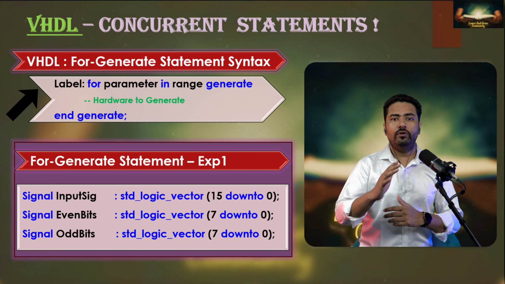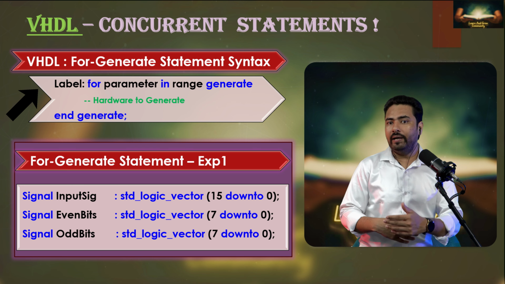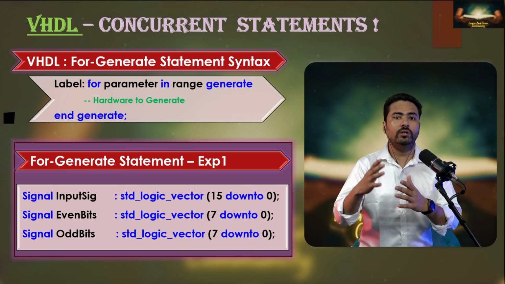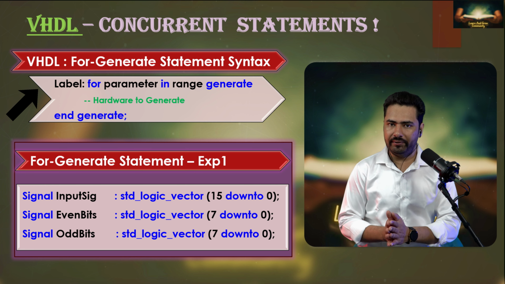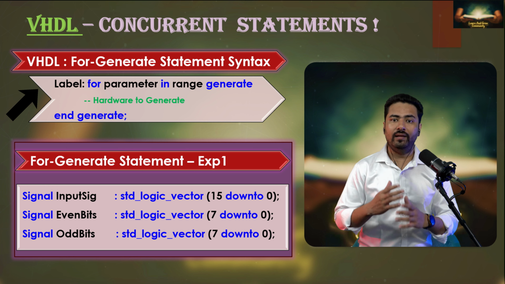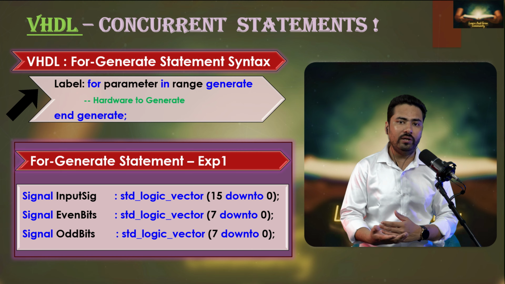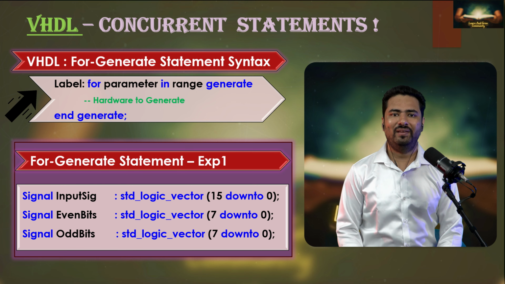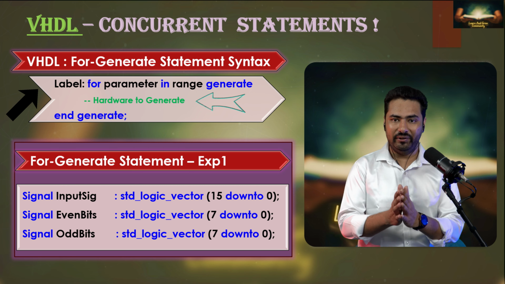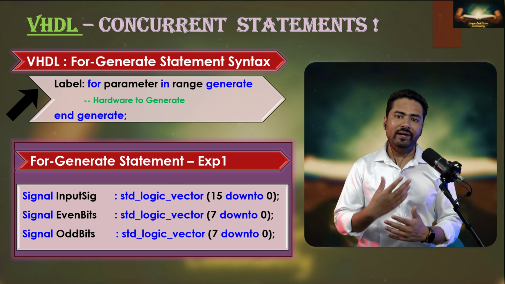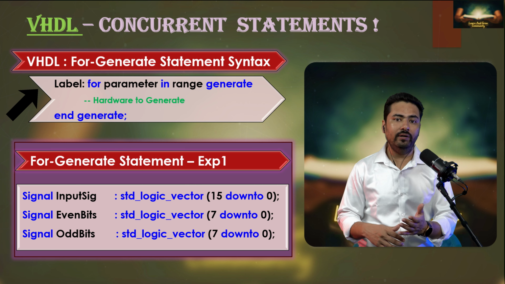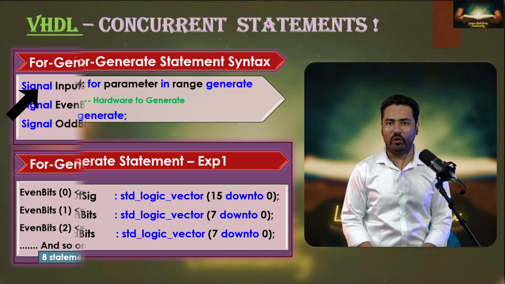Like if you give 0 to 3, then it will create 4 instances. Next, write the keyword generate. Next, you need to define the hardware which you need to generate multiple times. Then you can write your design here or you will call the components here. And in the last, this generate statement ends with the keywords end generate and a semicolon.